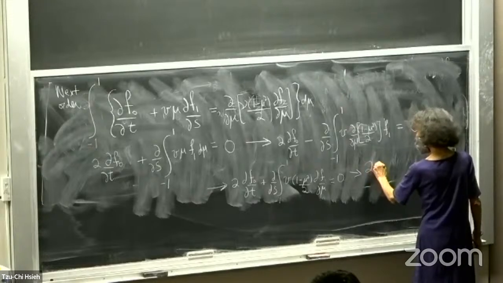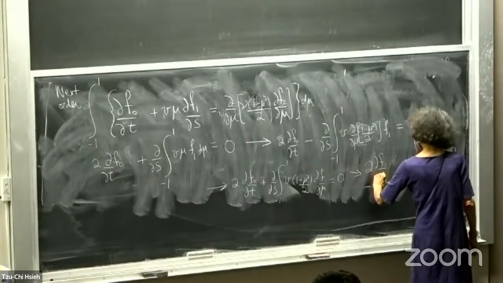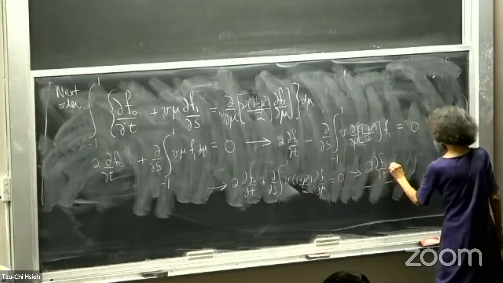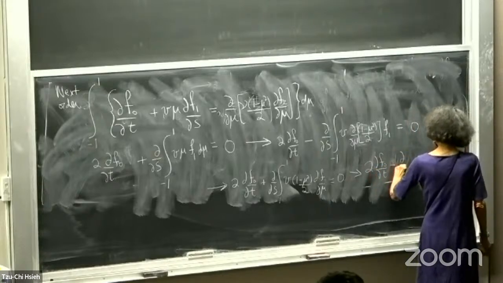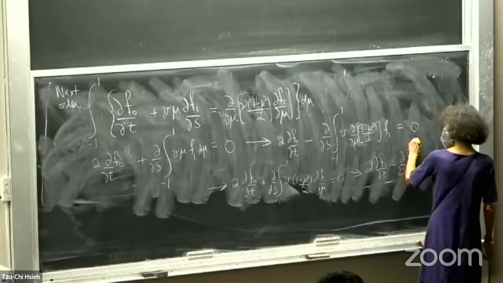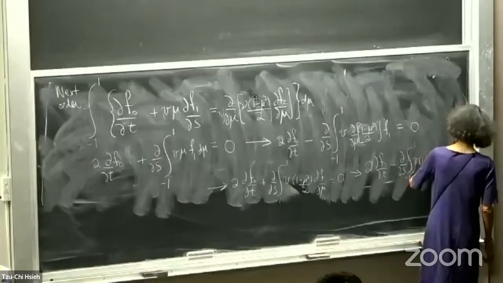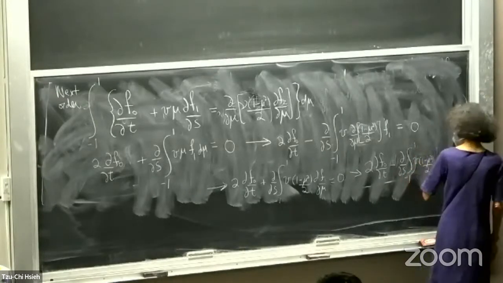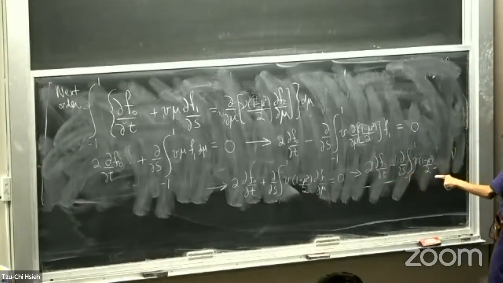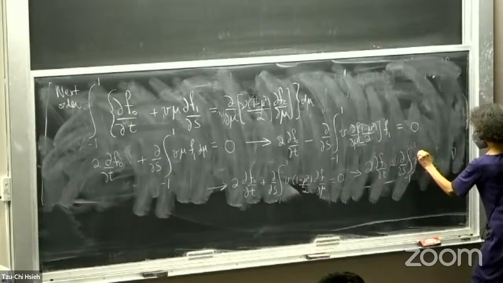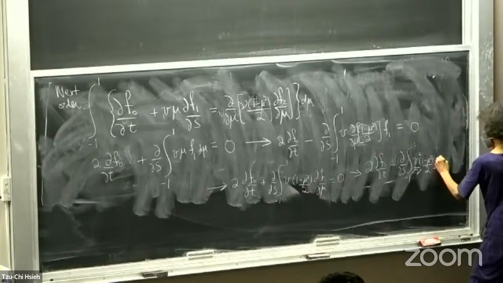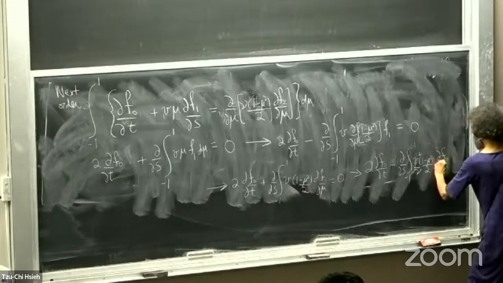So now 2 dF0/dt minus d/ds integral -1 to 1 of v (1 minus mu squared)/2 dF1/dmu is minus v over nu dF0/ds. So I get another v, I get a nu down here, dF0/ds.